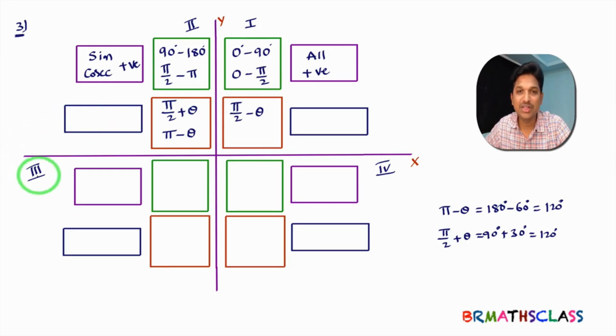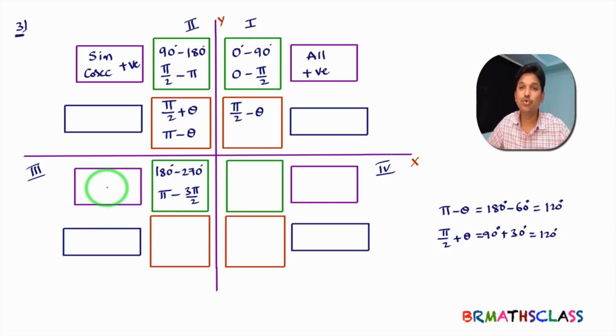Okay. Now we'll move to the third quadrant. What is the angle range of third quadrant? Angle range of third quadrant is 180 degrees to 270 degrees. If I write the same thing in radian measure, 180 degrees is pi. 270 degrees is 3 pi by 2. So what is the angle range of third quadrant? 180 degrees to 270 degrees.